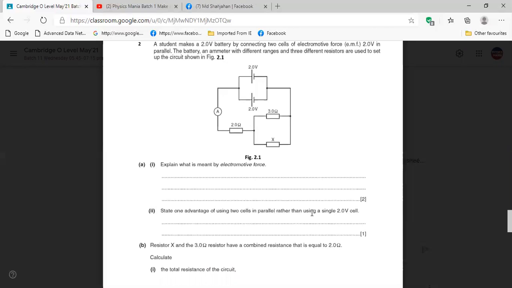So how do we calculate the volt? We don't need to calculate, we just get it in parallel. If you have a single cell of 2 volt, then you will count it as 2 volt for the whole combination, and if it is 1.5 volt you'll get 1.5 volt.